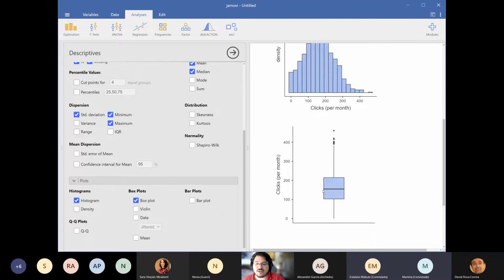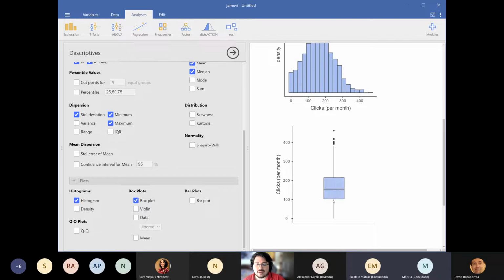This midpoint here, this line, is the median. So if we're looking at clicks per month, between 100 and 200 is the number of clicks that's in the middle. Inside the box, we have 50% of all the clicks per month. So 75% of the observations that you do are clicks between 100 and 200.